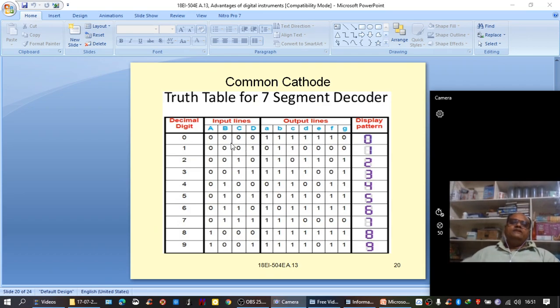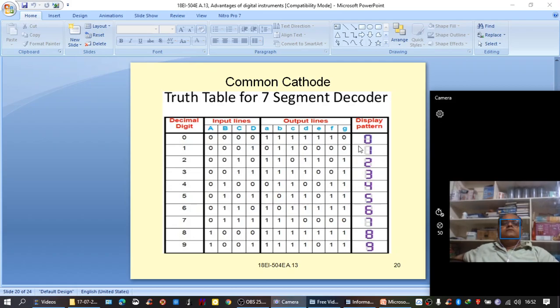See the combinations here. Now once again, this is the truth table for a 7-segment decoder for common cathode type of display. Here, as I told already, G should be deactivated for indicating a numeric display of 0. Here deactivation means 0, activation means 1 in common cathode, whereas in common anode, activation is 0, deactivation is 1.